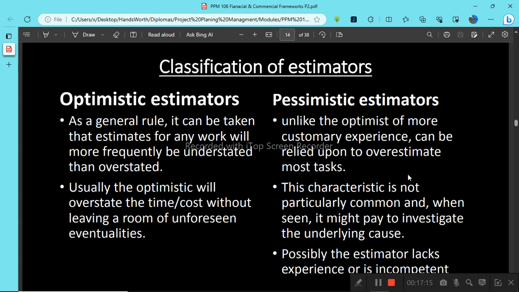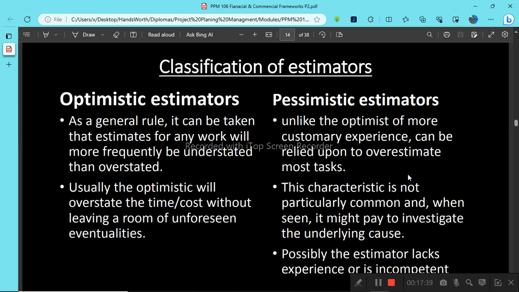When that happens, since you had already made that allowance, it will be easy, especially if your hike was relatively high. It will be easier for you to cater for that incident or situation. So under optimistic estimation, we tend to overstate the prices.